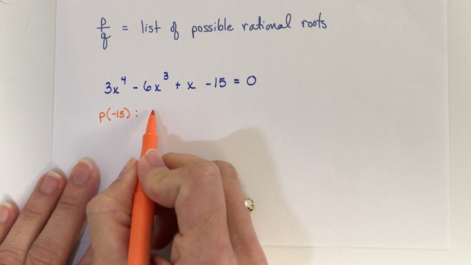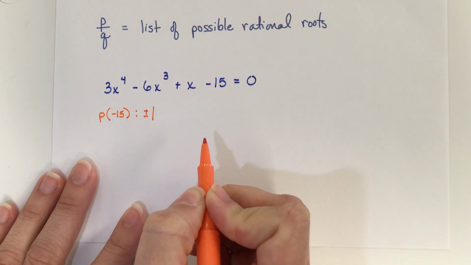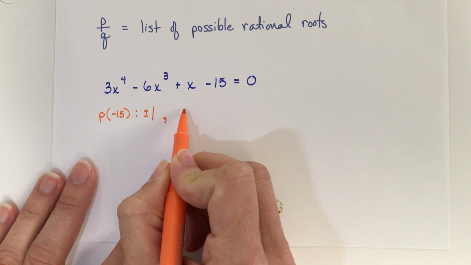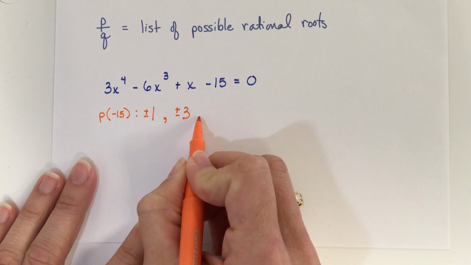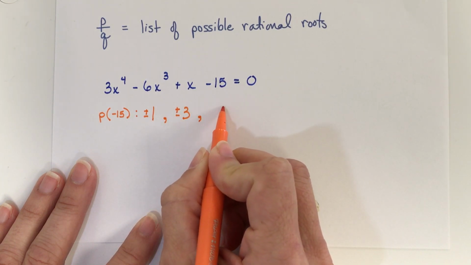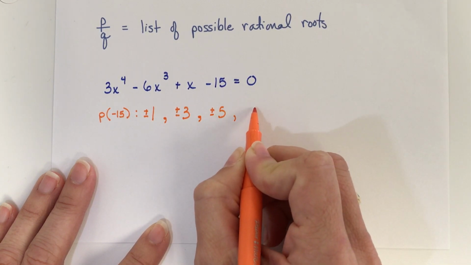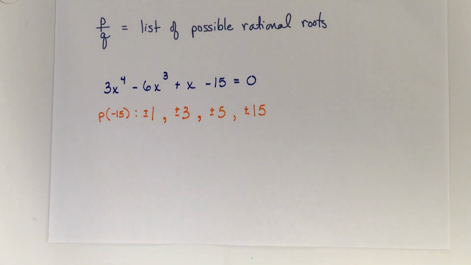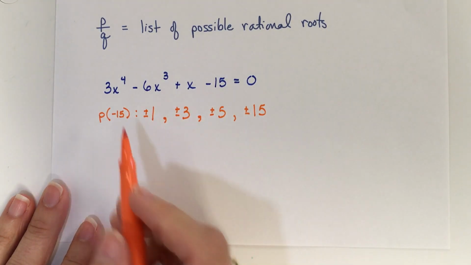So we know that 1 will go into 15, and again, you're going to include positive and negative 1, so just put the plus minus. The next number that will go into 15 is 3, include the positive and the negative. The next number is 5, include positive and negative, and the last factor of 15 is 15 itself, and again, include positive and negative. You're going to put plus minus every single time, whether this is a positive 15 or a negative 15.